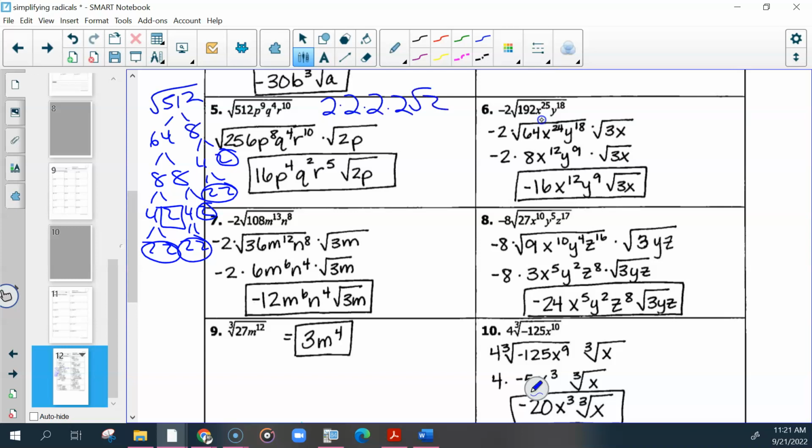P's, R's, and Q's, if you listed them all out, you would find that we have 4 pairs of P's, 2 pairs of Q's, and 5 pairs of R's, but I'll do that real fast. And I did too many P's.